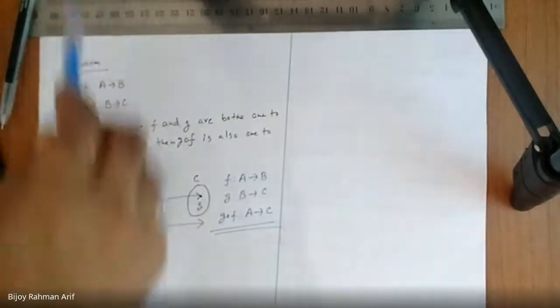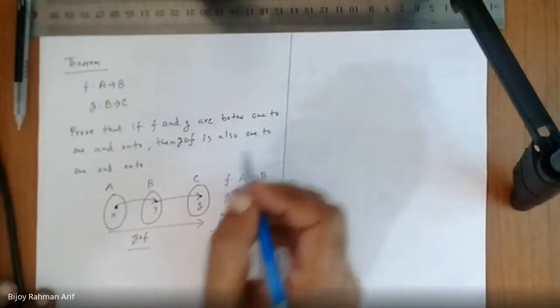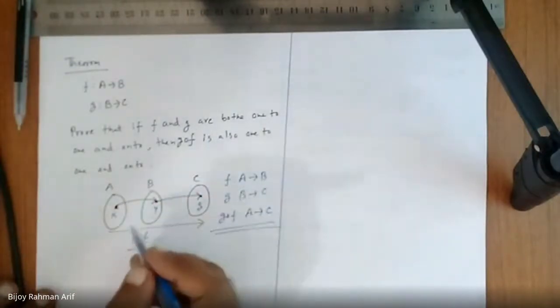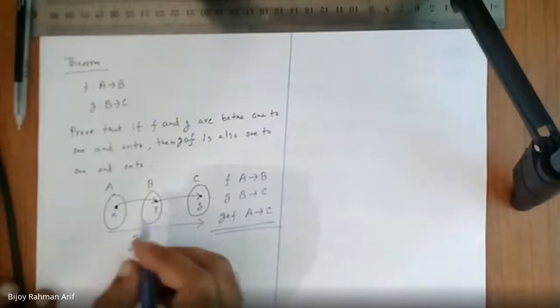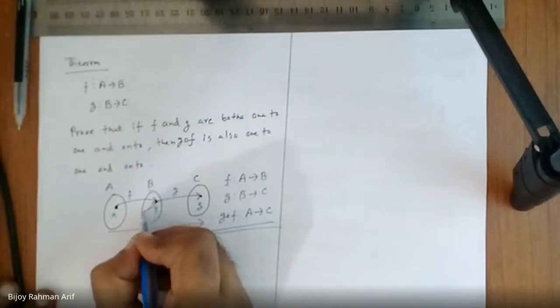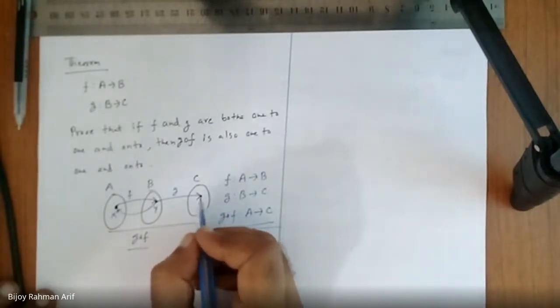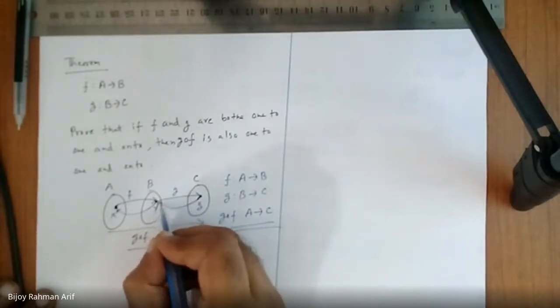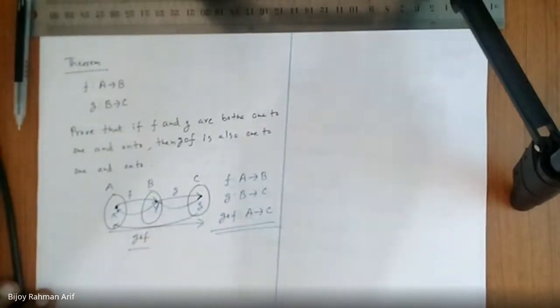Theorem says, first one, if F and G are both 1 to 1, that means any element in B in case of F is only connected to one element in A, and any element in C in case of G is only connected to one element in B, then the whole function is also one to one.